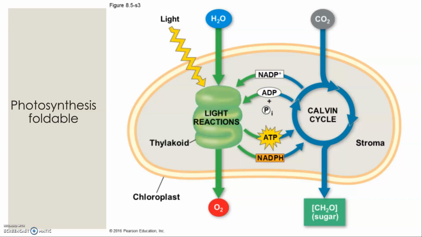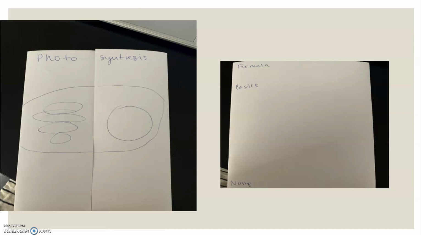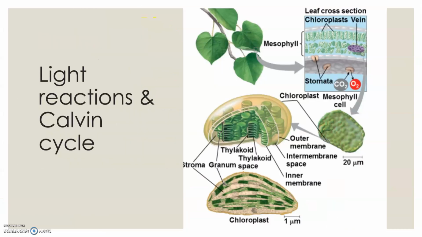This process occurs in the chloroplast, an organelle found in autotrophic organisms like plants, algae, and some bacteria. The inside of the chloroplast, which was previewed for you a few units ago, looks something like this. So here is a chloroplast found in this leaf of a plant.